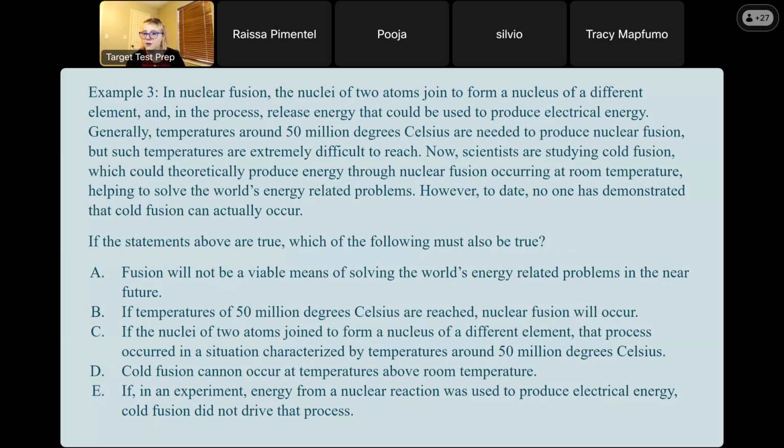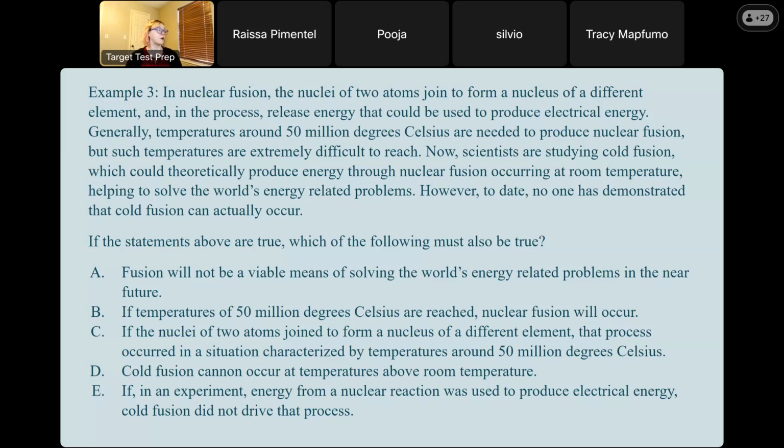In the paragraph, though, it's never mentioned that cold fusion can't produce electrical energy. Okay. So it doesn't say that outright, but it does say scientists are studying cold fusion, which could theoretically produce energy through nuclear fusion.